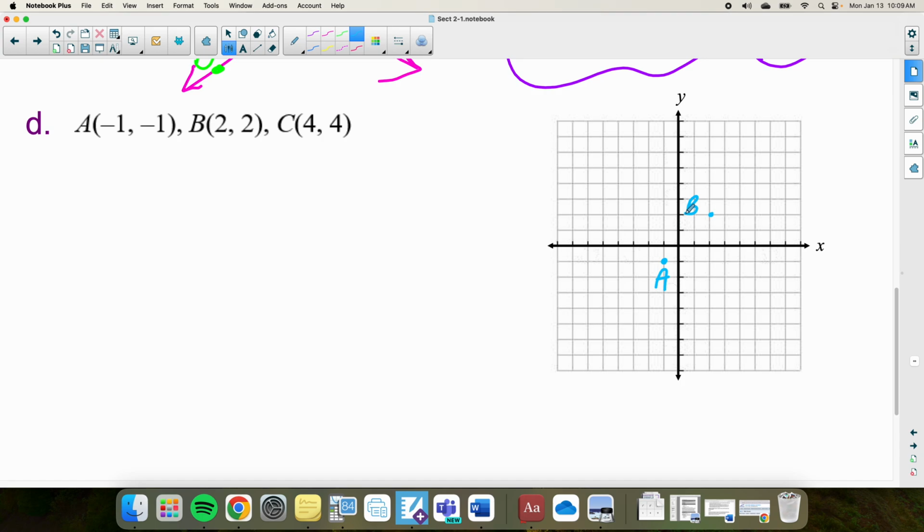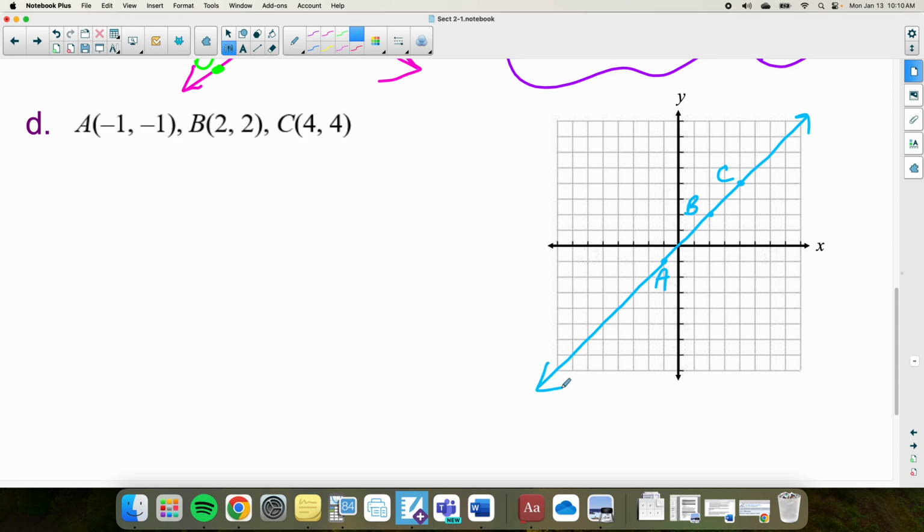So I'm going to go 4 to the right, up 1, 2, 3, 4, and that is my C, okay? Do you guys notice anything about those 3 points? Straight line. So we could draw, let's see here, I'll start here. Okay. They're all on a line.